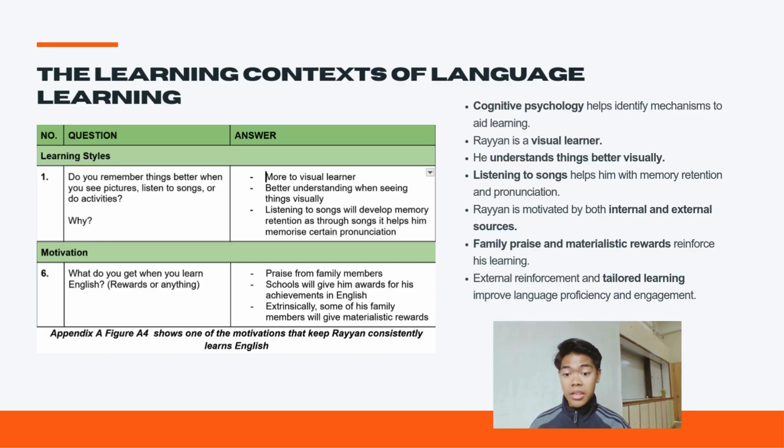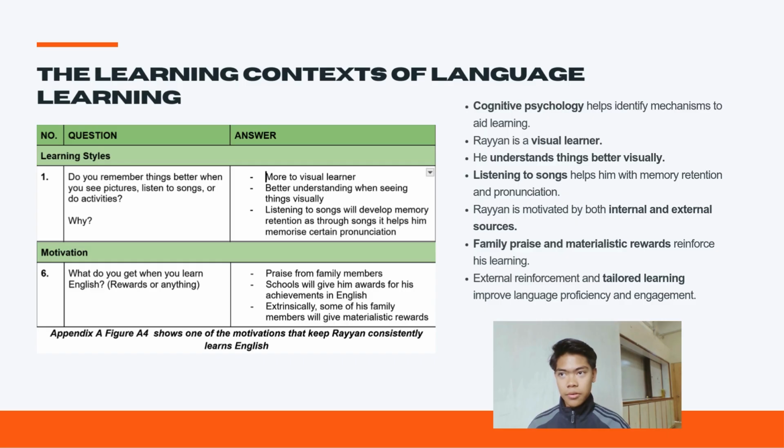And when we talk about learning styles, we are also relating to the children's motivation to learn. So I asked the child, what do you get when you learn English? And what kind of rewards or praises did he get? The child is both extrinsically and intrinsically motivated, where when he succeeds in learning English, he will get praises from his family members.